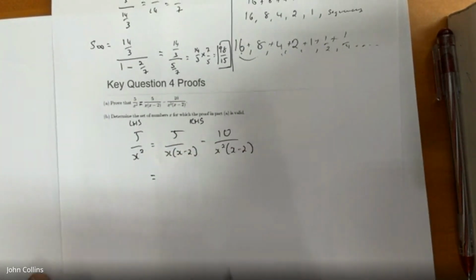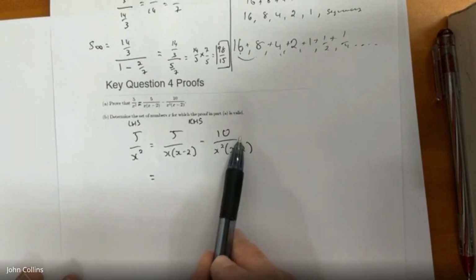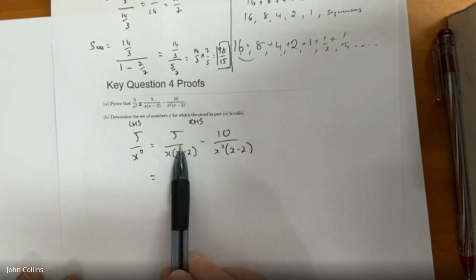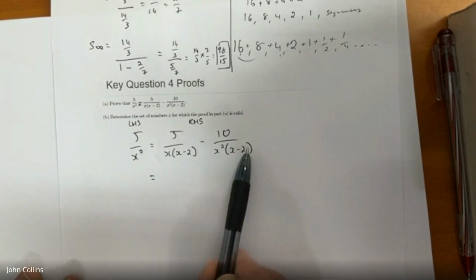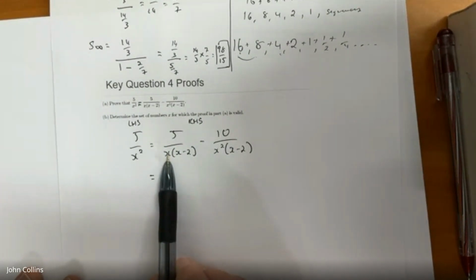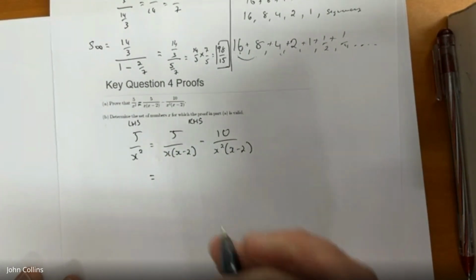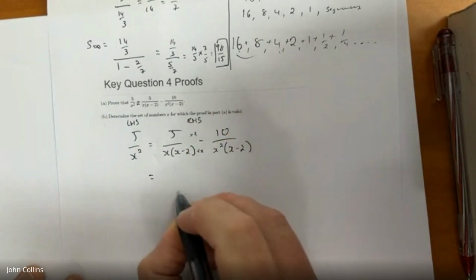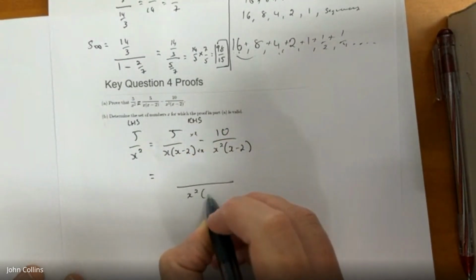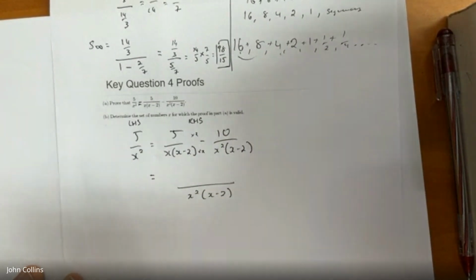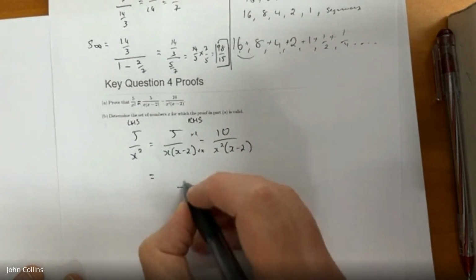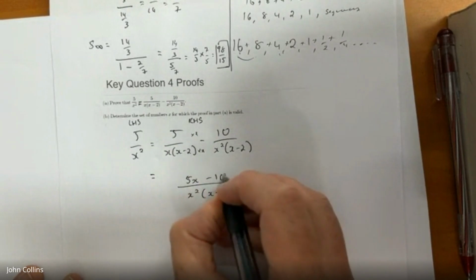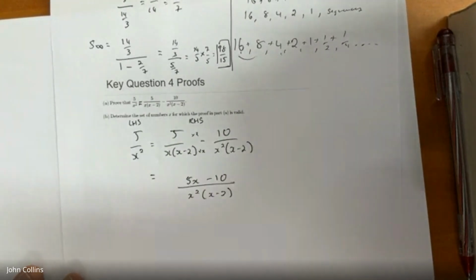Now, to combine two fractions, I need a common denominator. This is pretty close to being the same denominator. What does this need to be multiplied by? x. So if I multiply this by x over x, I have a common denominator of x squared times x minus 2. The top gets multiplied by x, so that's 5x minus 10. And that was multiplied by x, and that's still just 10.